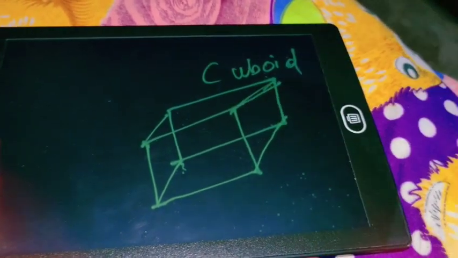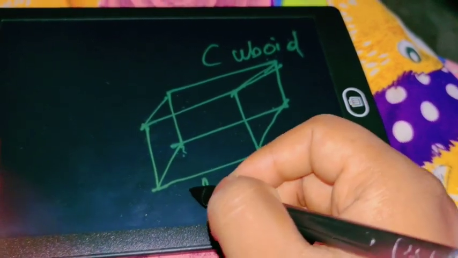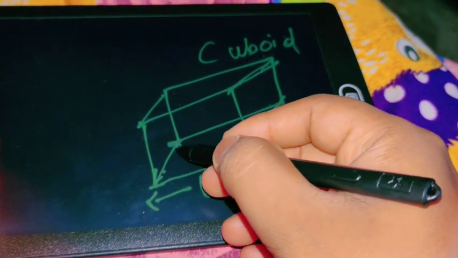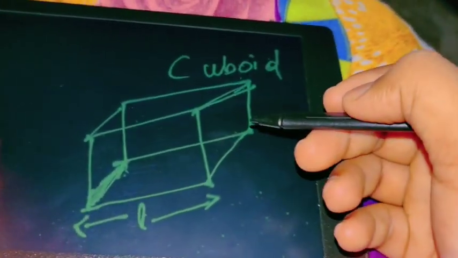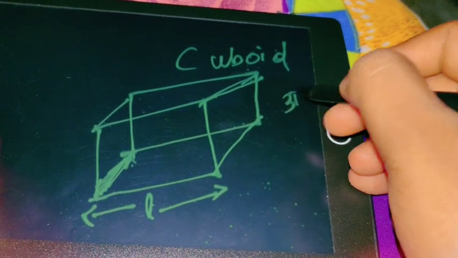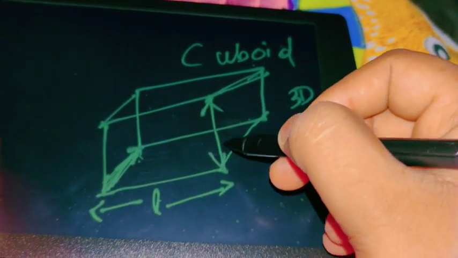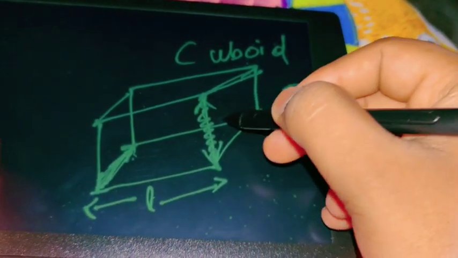As you can see, this is the length of the cuboid. This is the breadth, and since it's a 3D object, it has height. This is the height of this cuboid.